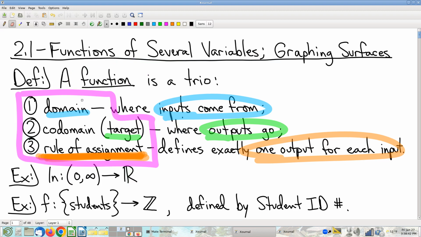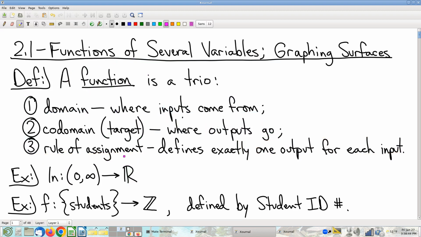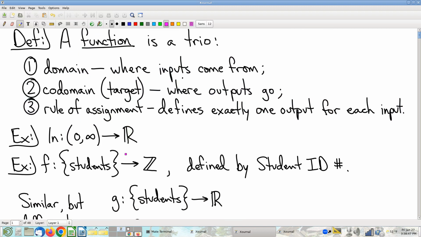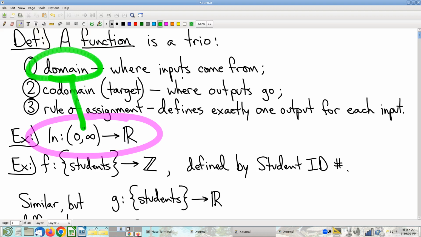Okay, so quick examples. If you look at the natural log function, notice it's defined for any positive real number. Right? Natural log defined for any positive real number. And the result is always a real number. So the domain is the positive reals. The target is all reals. And the rule of assignment, I'm going to just say, natural log. The formula for that is written down elsewhere, and we don't want to worry about that.